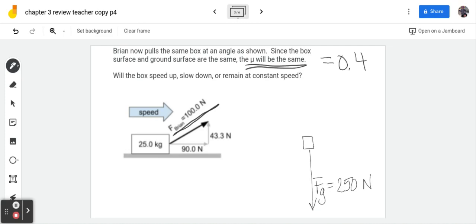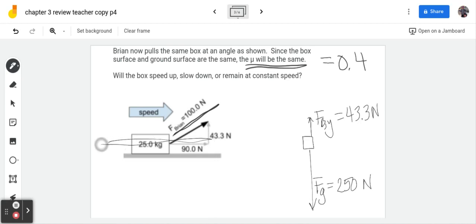And when I was doing this in class today, period 6, people are asking, is force friction still the same? It is not, because we should be able to tell that normal force will change. So we've got that F Brian in the y direction is equal to 43.3 newtons. What I know about this box is that it is moving along the ground.